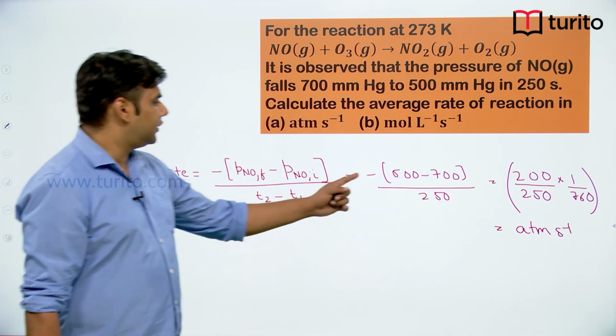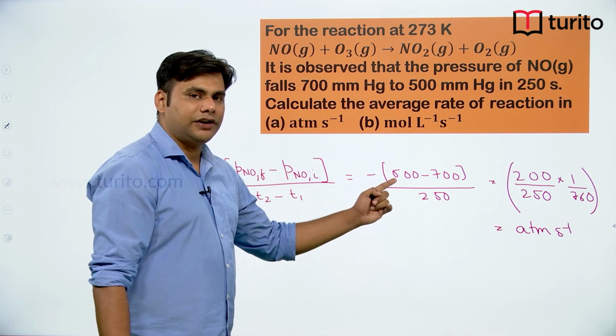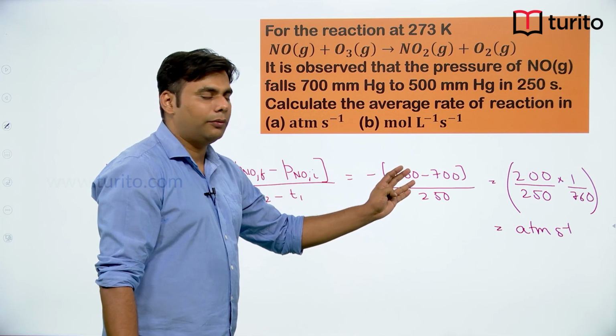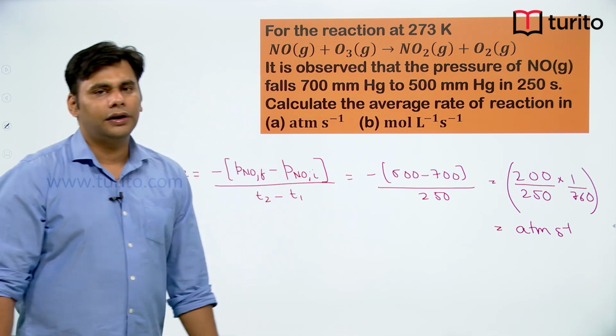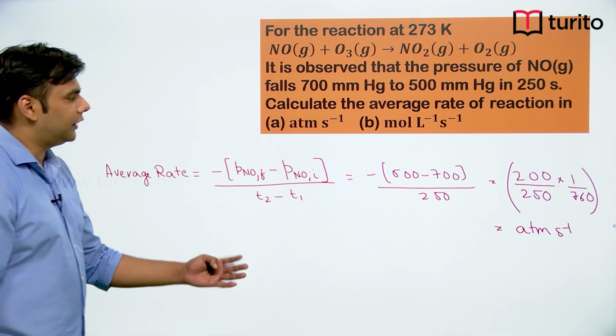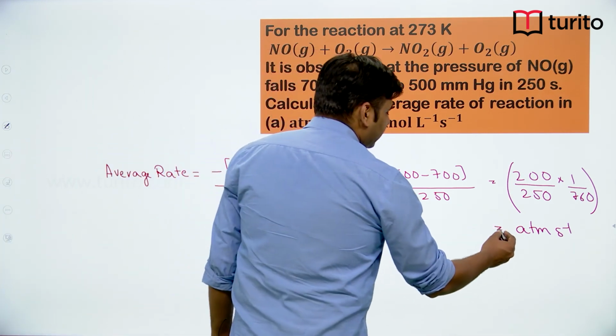Okay, so basically this is 500 by 760 atm minus 700 by 760 atm. 760 we have taken common, so this is basically 200 upon 760. So we will calculate in terms of atm per second. Okay, so you can calculate this now.